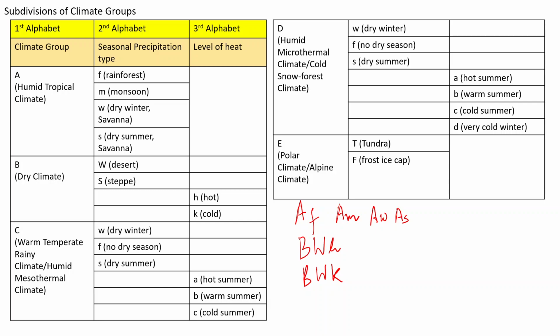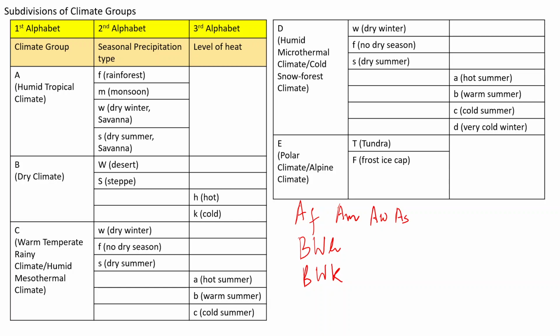The next climate group is warm temperate rainy climate or humid mesothermal climate, which is denoted by the letter C. Warm temperate rainy climate can have dry winters, which is denoted by small w.